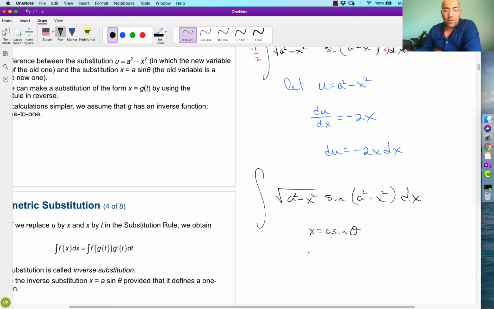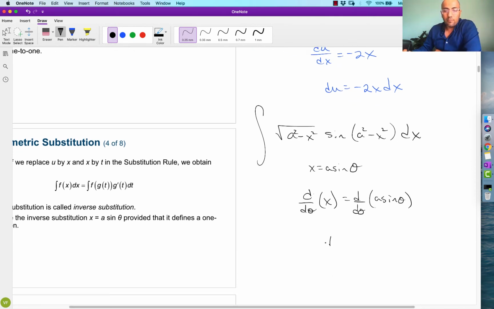But note that when I take the derivative with respect to theta, on the left-hand side I end up with dx d theta, and on the other side, the derivative of a sine theta, I end up with a cosine of theta. So then my dx is equal to a cosine of theta d theta.